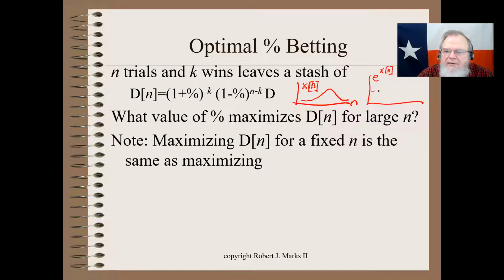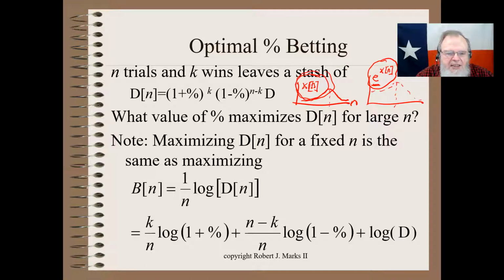This will be a slightly different function, but because it is strictly increasing, the maximum here will be exactly the same as the maximum here. e to the x is strictly increasing, right? So we can take any strictly increasing function of this random variable, and maximizing x sub n is exactly the same as maximizing the function of x sub n.